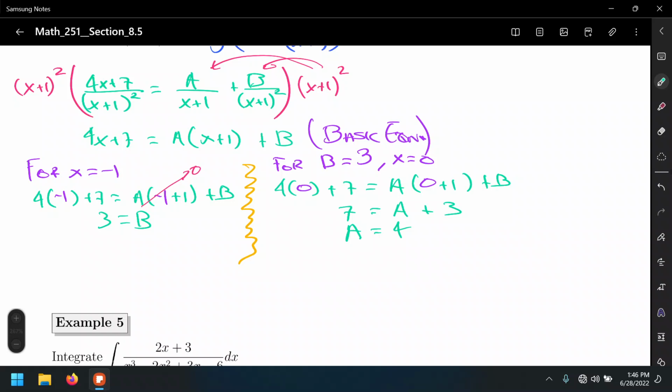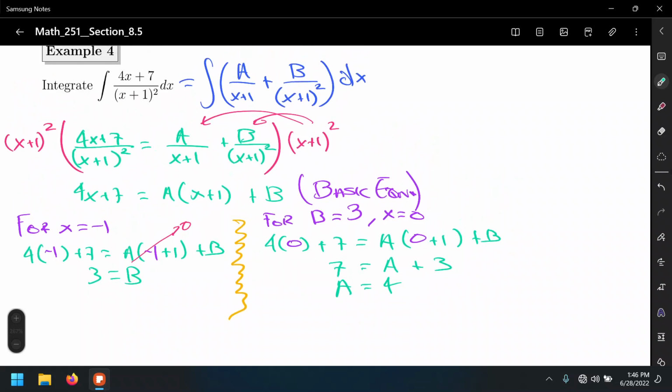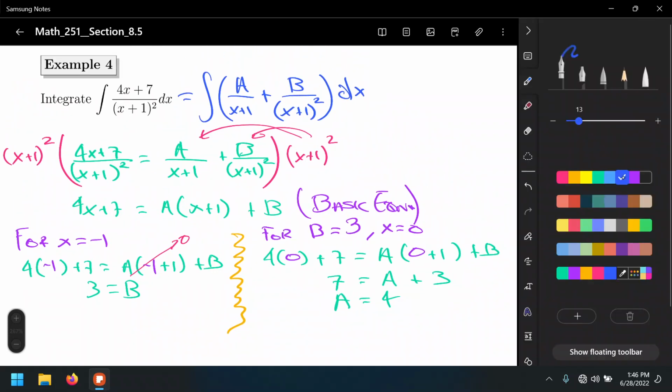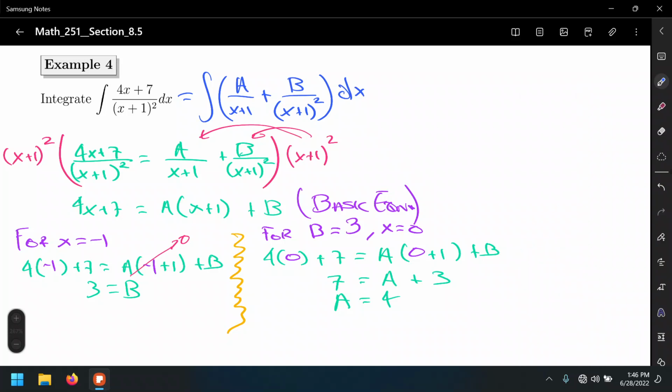It should work. Okay, let's go back to the original problem, the integral. So this will be the integral of A, which is 4 over x plus 1 dx, plus the integral of 3 over (x plus 1) squared dx. And in this case, you might want to show the u du setup.